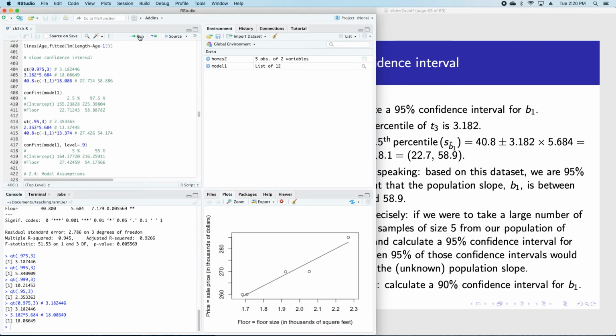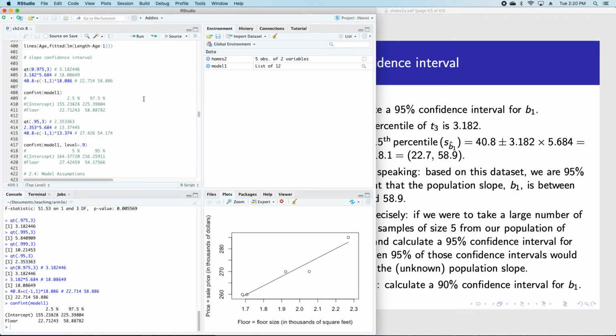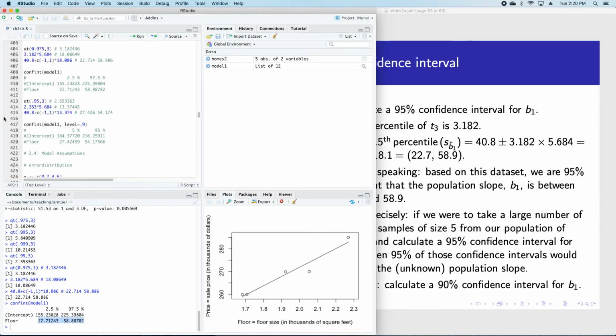And then if I do 40.8 plus or minus 18.086, I get 22.7 up to 58.9. We can also use this confint function to get the interval directly. So here it is here, 22.7 up to 58.9.